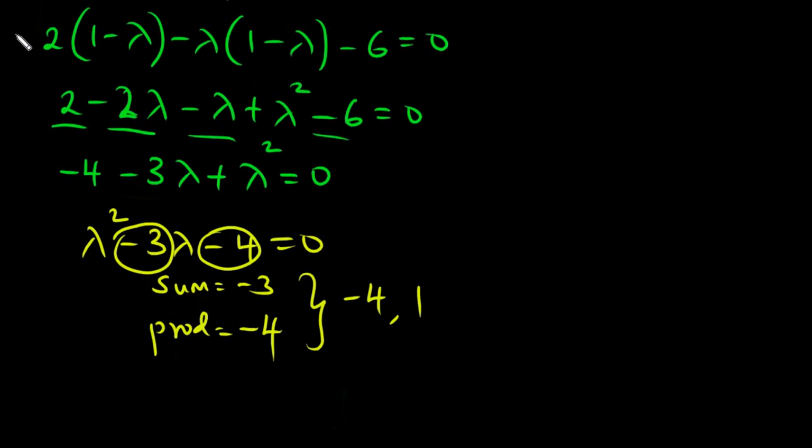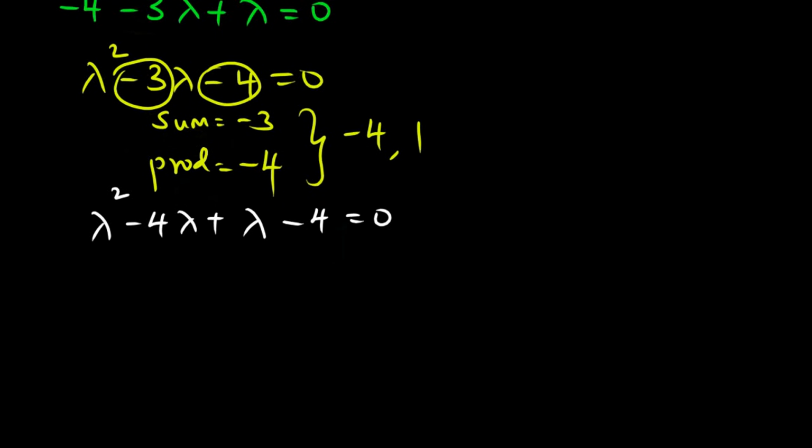So what we then do, we are going to have lambda squared, and then we rewrite -3 lambda as -4 lambda plus lambda, and then -4, this should be 0. Then we group it that way and factor out lambda so that we have lambda (lambda -4), and of this other one we're still going to have (lambda -4).